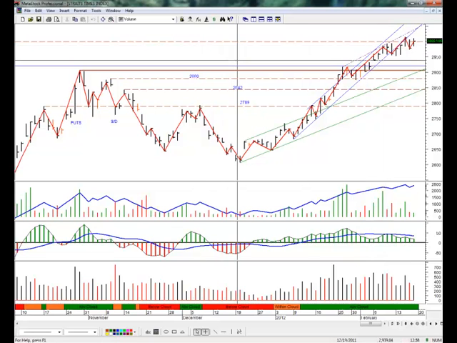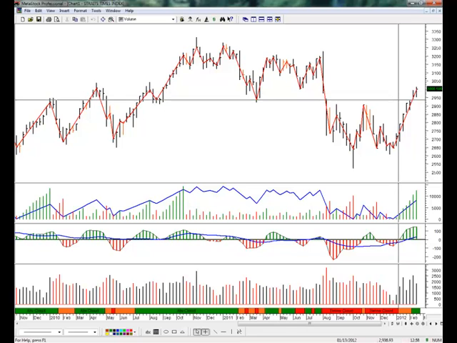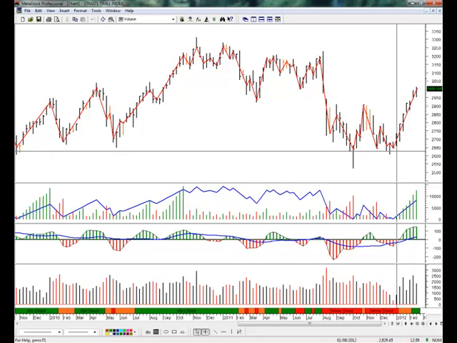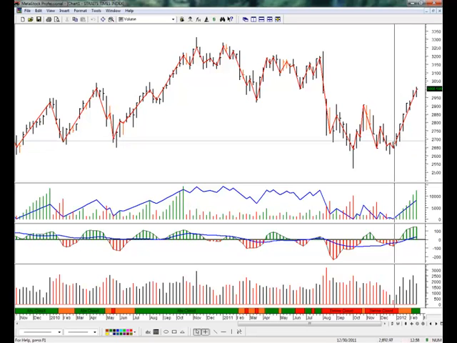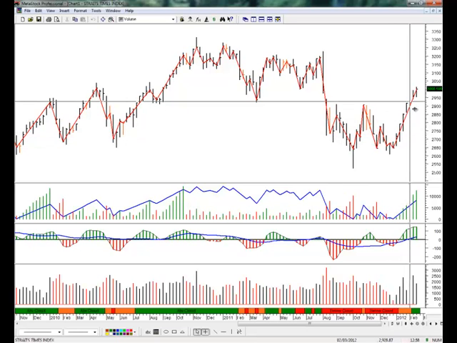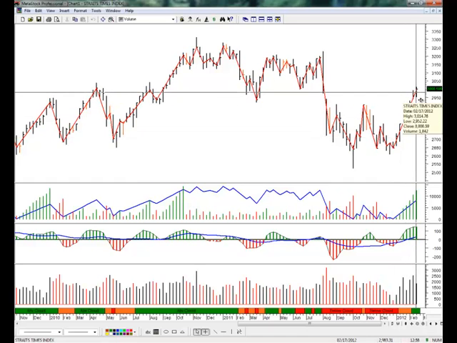Now let's take a look at the weekly chart. Found something interesting. We are making 7 consecutive positive movements on the weekly chart. That is 7 weeks of up move without a pullback.